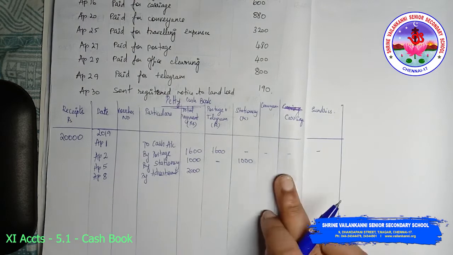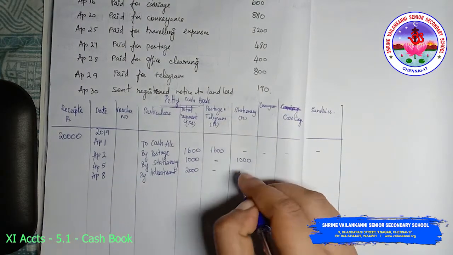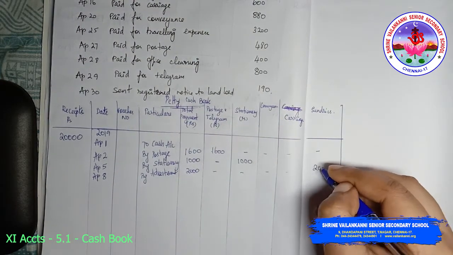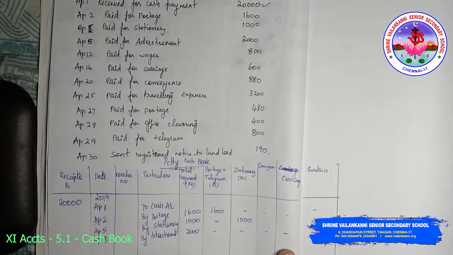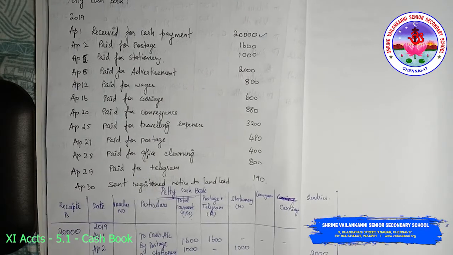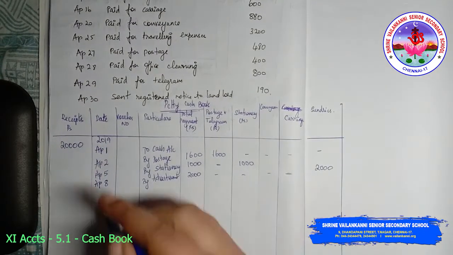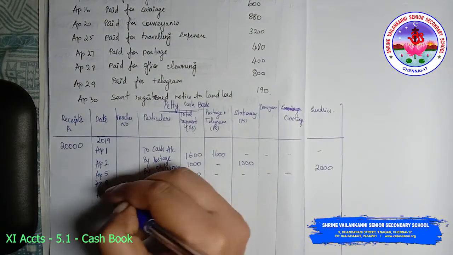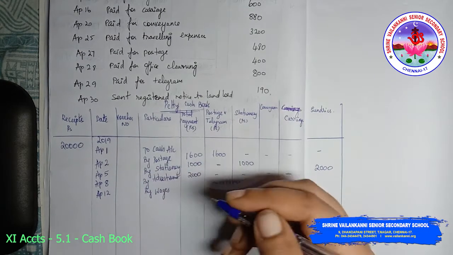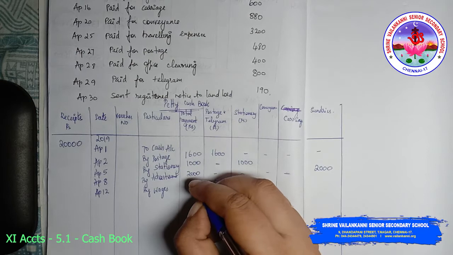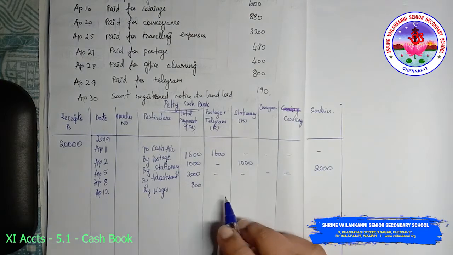Advertisement does not have a separate column here, so I'm going to write it in sundries. The next one is paid for wages, April 12, by wages, 800.